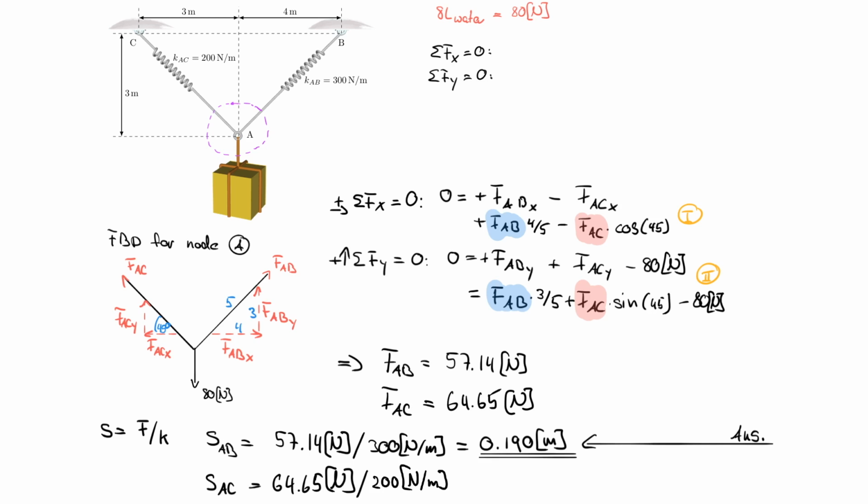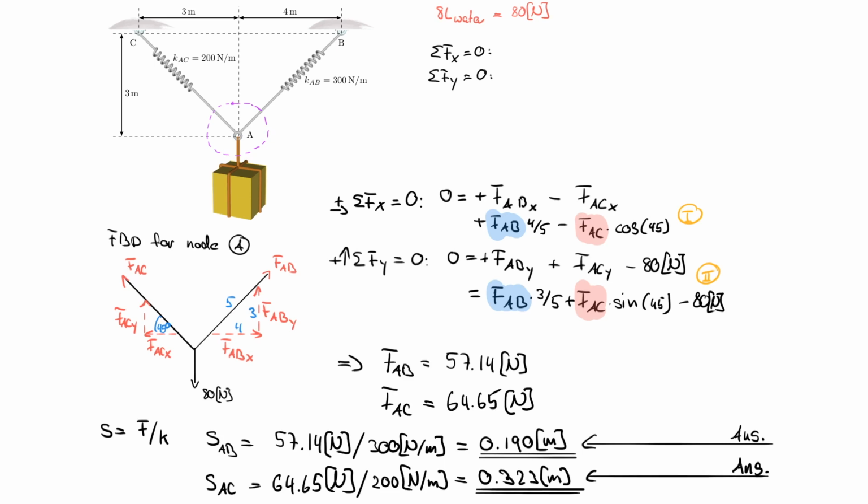If I type that into my calculator, I will find that it's 0.323 meters. That again deserves a result, double underline, and an answer arrow, because that is really what was asked of us here. And that concludes our problem.